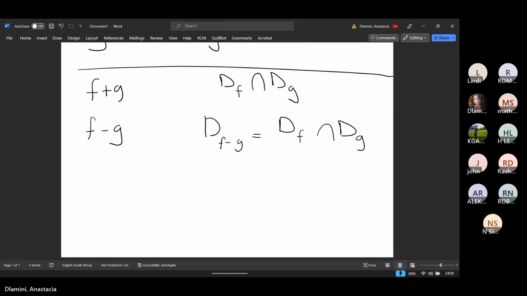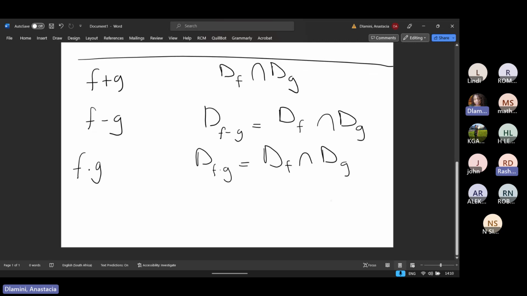For f times g, the domain of f times g is equal to the domain of f intersect the domain of g. I want you to remember these when we do the example.